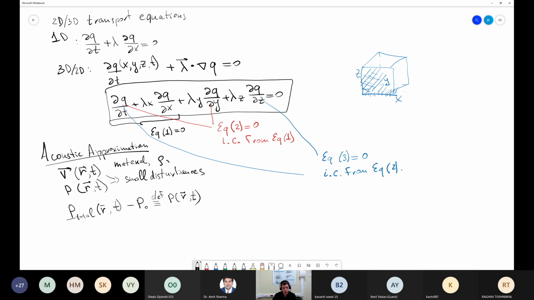I will introduce here C as the speed of propagation of pressure waves, of P waves, inside this. You can easily calculate that C is equal to the square root of K, the compression modulus, divided by rho.